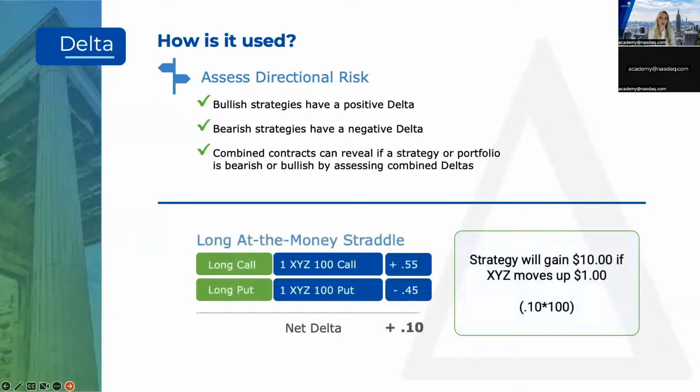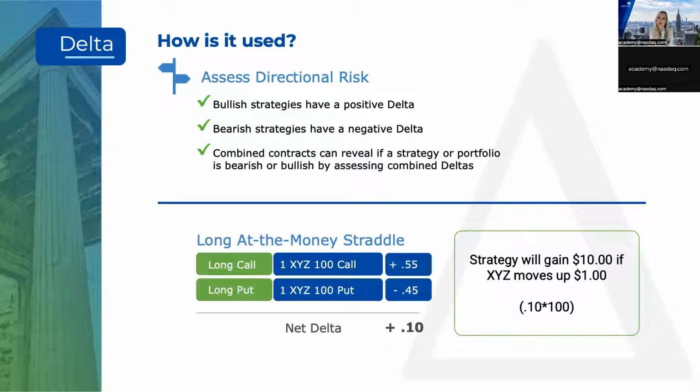And delta is used for so much, so we'll spend the most time on delta. Now this is a long at the money straddle, which is just a long call and a long put with the same strike and expiration. However, as you noticed before, I can get really close to 0.5, but not necessarily. So if I was choosing a real straddle, by definition, it would not be a straddle, maybe a strangle. You'd look for a 0.5 delta or look for a delta of 0.